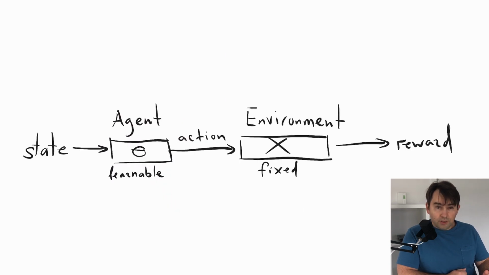The problem we have is that the environment is not differentiable, because the environment might be doing some very complicated things for which we don't have an actual expression or function. We are not able to compute the derivative of it. And if we can't compute the derivative of our environment, then we can't backpropagate through it.